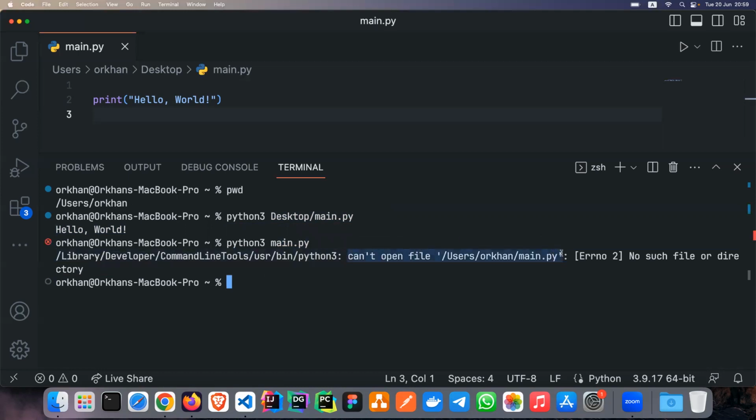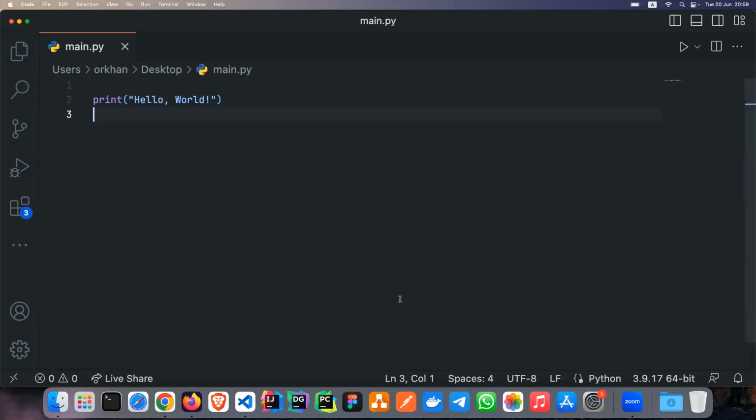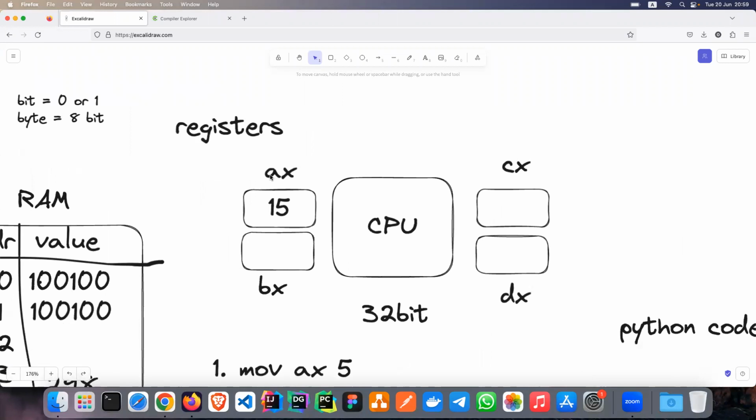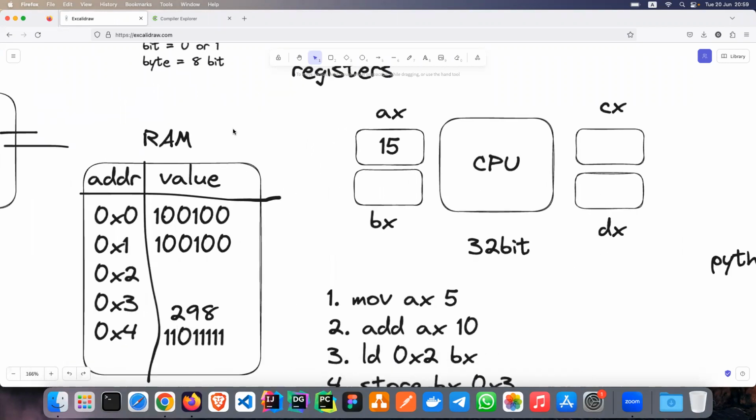Actually, it's quite clear from the error, because we don't have such a file in users; we have the file on desktop. Just try to reproduce this step at home and then I will see you on Thursday.